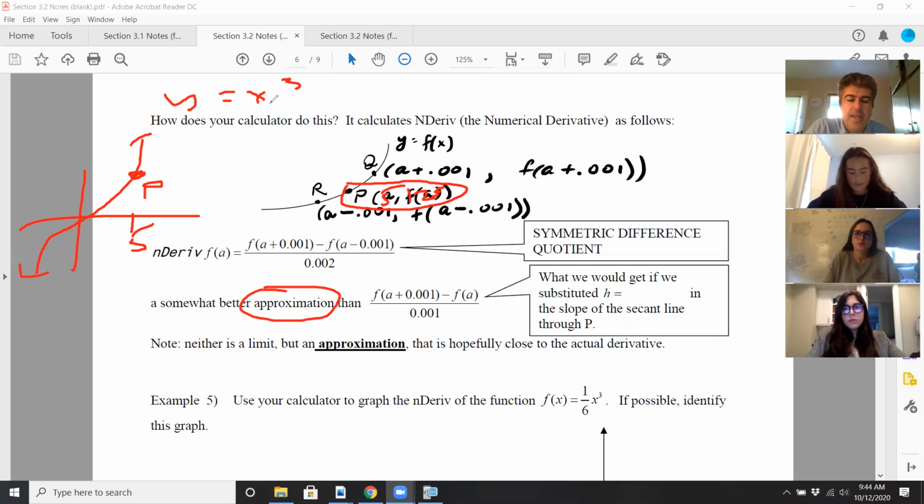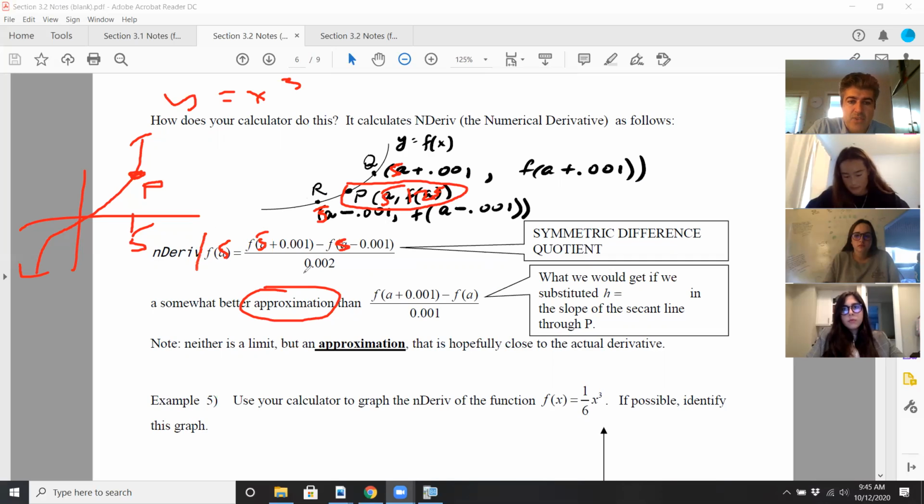Well, the calculator takes 2 points close to the point of tangency. So close to x equals 5, it takes 2 points. It's going to do 5.001 and 4.999. So if you replace a with 5 here, it's simply finding the y value at 5.001 and the y value at 4.999.